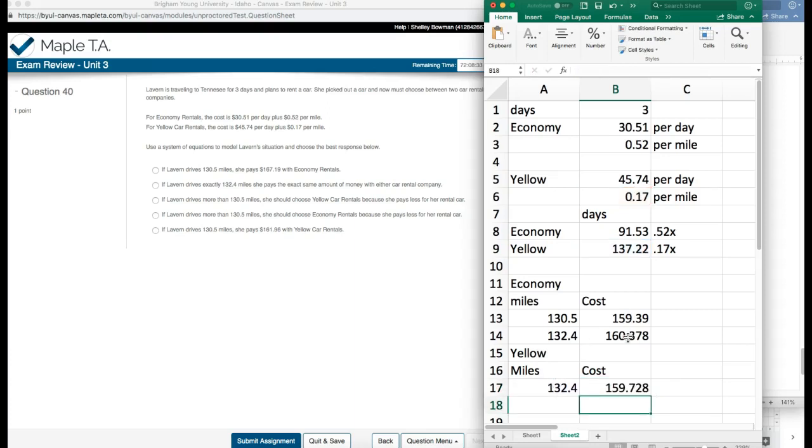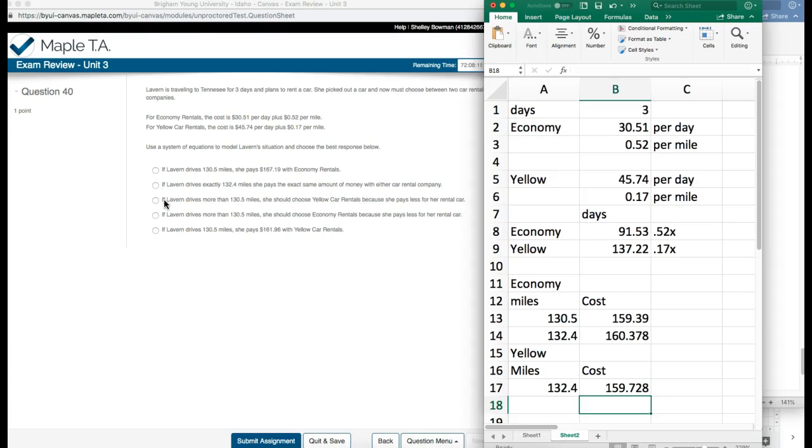And let's see, it said they're the exact same. I have 160 and 159. It's pretty close, but it is not the exact same, and we were extremely particular on these and using Excel, so we didn't make any mistakes in rounding. So that one also isn't correct.